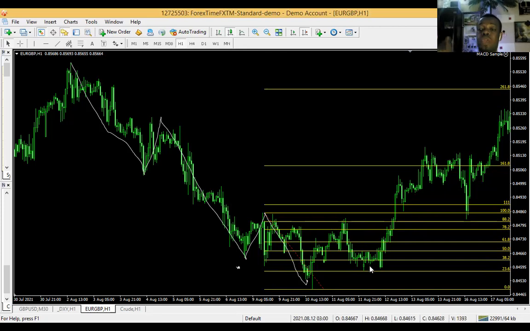Once the market gets to the 78 or 88 Fibonacci retracement level, just bear in mind that there is a high tendency that the market will not continue. Let me give an example. Here, as usual, this is a pullback, this is a pullback. The market now pulls back and gets to 88. 88 is just a signal telling you that although the market will return, it will not continue.